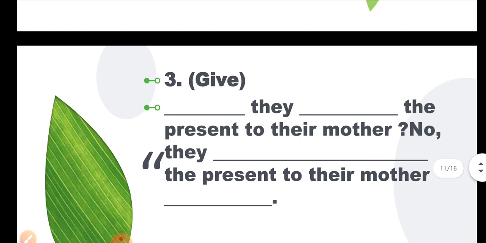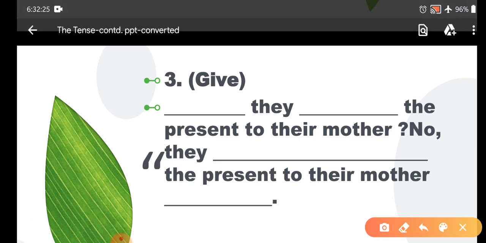Then we come to the next slide. Look at this. The verb given is give. So you already got the third form of the verb, which is given. Dash, they dash the present to their mother.